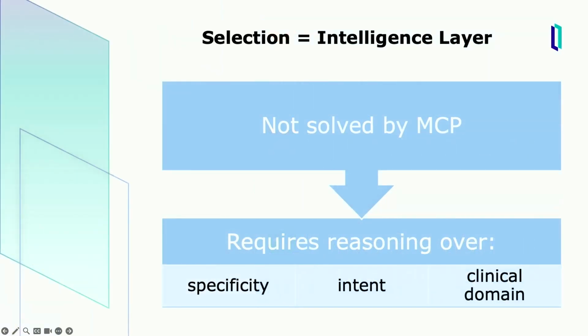The point here is that the selection step is where much of the intelligence lives. Retrieval itself may be straightforward once the code is chosen, but getting to the right code requires reasoning, context, and sometimes restraint. If the code is wrong, the FHIR query is wrong, and everything that follows is suspect.